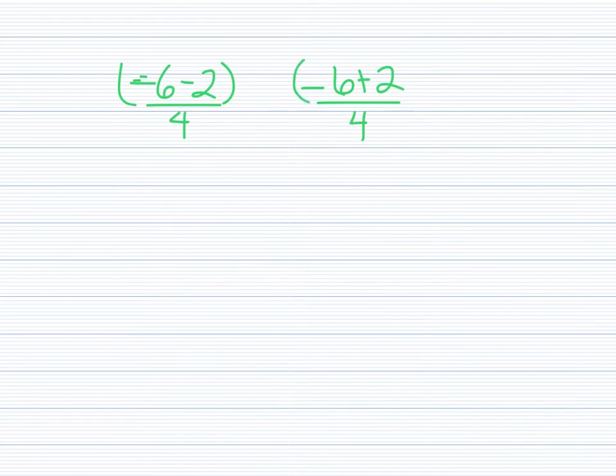You can type this directly into your calculator if you use the parentheses. And we're going to get negative 8 over 4 and negative 4 over 4. Okay, so our two solutions, negative 8 divided by 4 is negative 2, and negative 4 divided by 4 is negative 1.